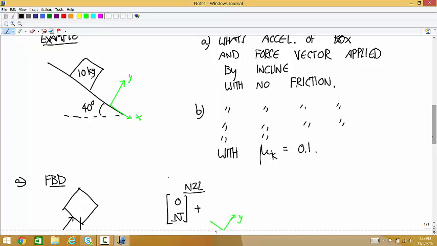That angle is how far the new weight vector is from that negative y-axis. So if the incline is all the way at 90 degrees, your weight force is going to be 90 degrees from that negative y-axis. So that's the easiest answer.